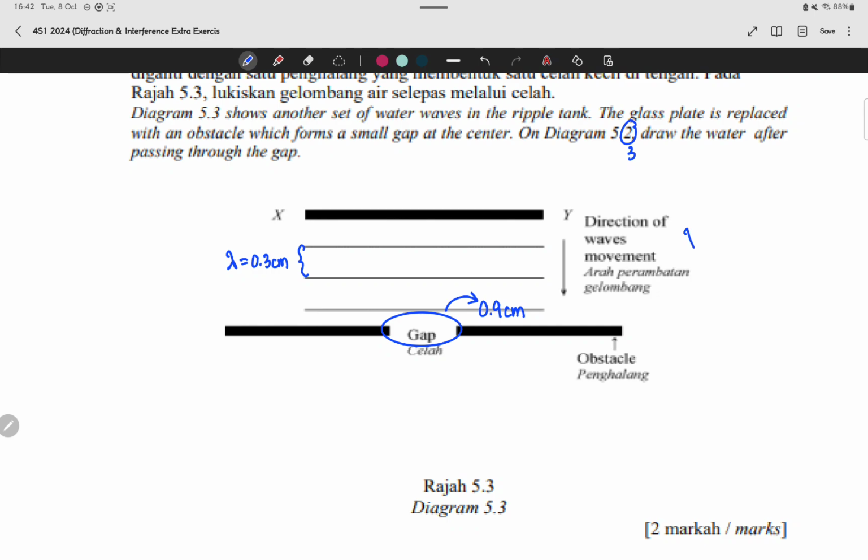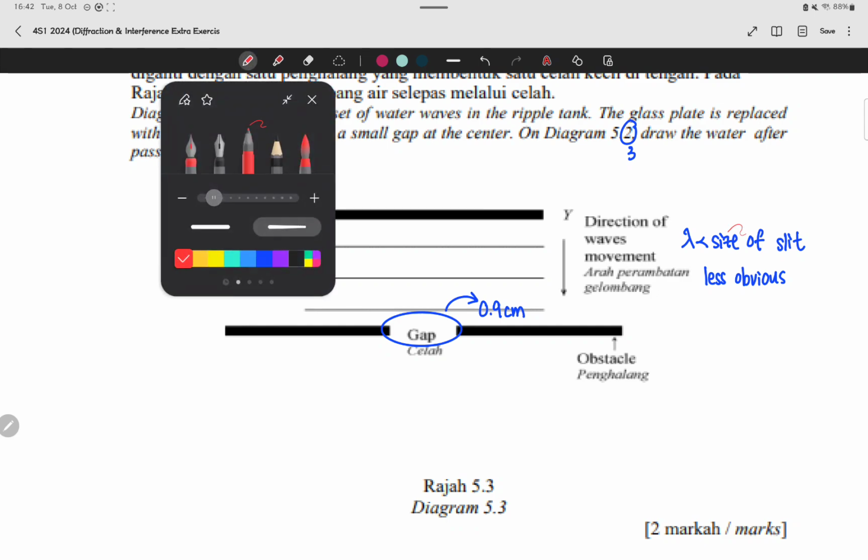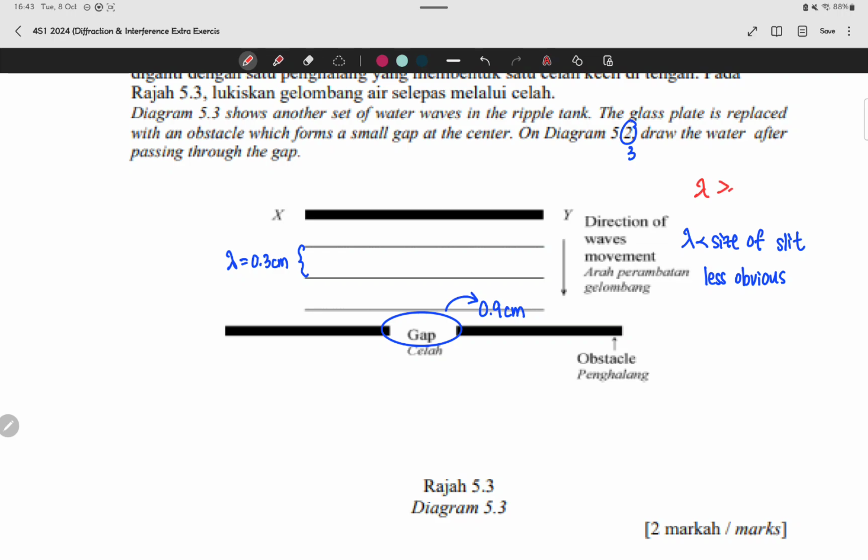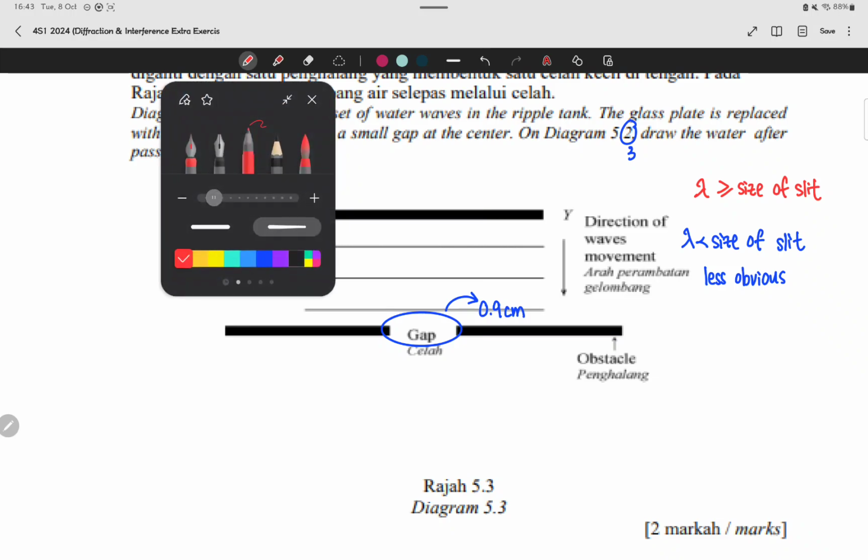It tells you that your lambda is smaller than the size of the slit. Therefore, your wave should be expected to be less obvious. Because I have said before, for more obvious diffraction, lambda must be larger than or equal to the size of the slit. But now your lambda is smaller than the size of the slit, so there will be less obvious diffraction.